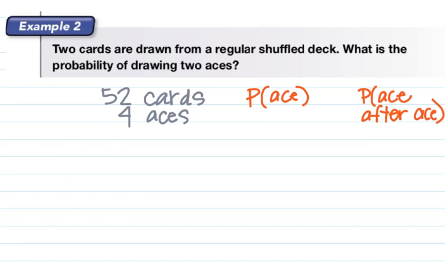So my first ace, if I have 4 aces and 52 cards, is 4 out of 52. But now I'm down to 3 aces and 51 cards. So having an ace after pulling an ace, I'm at 3 out of 51.